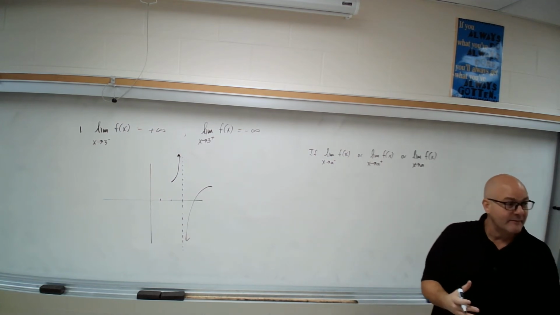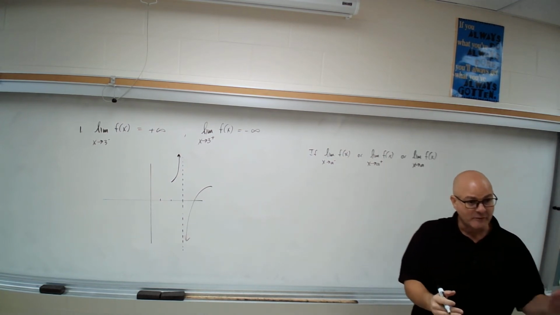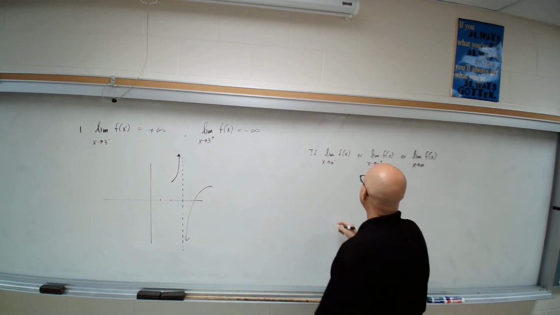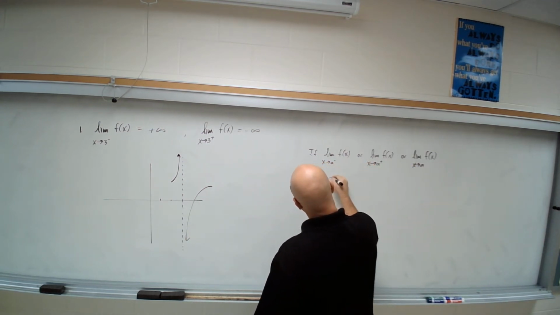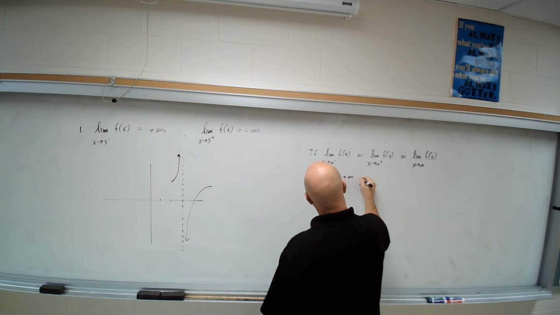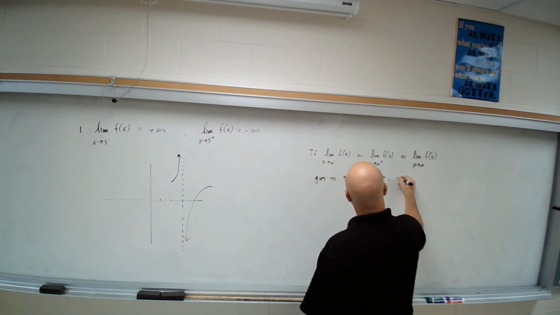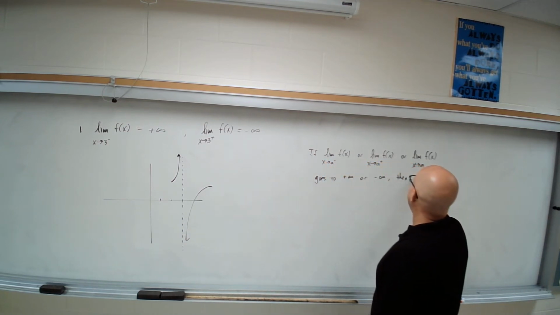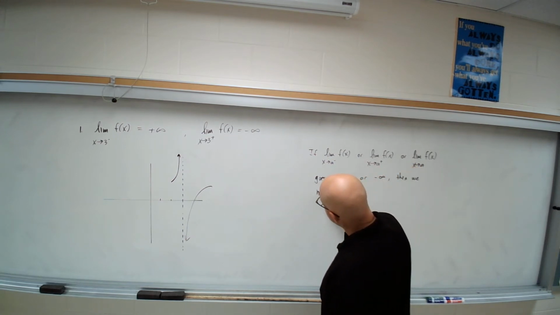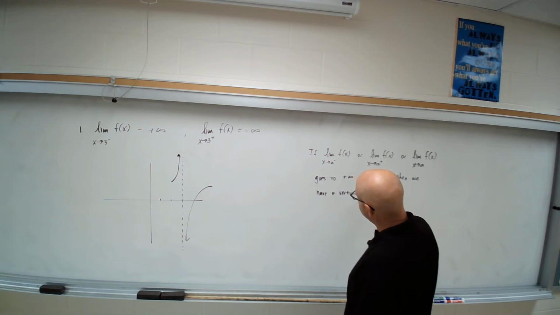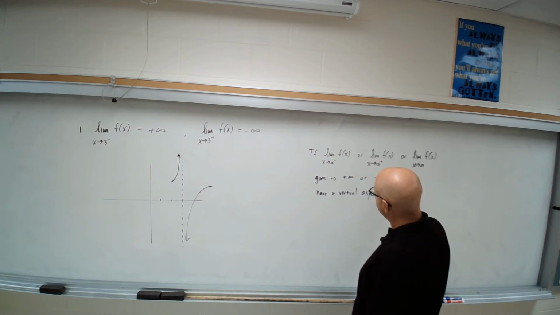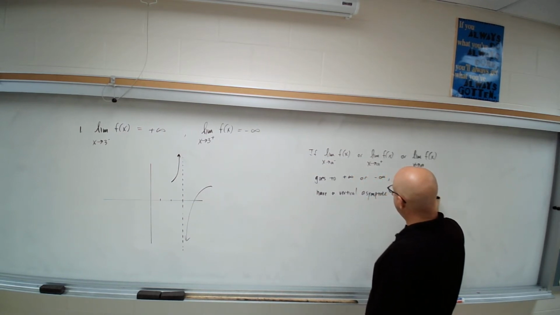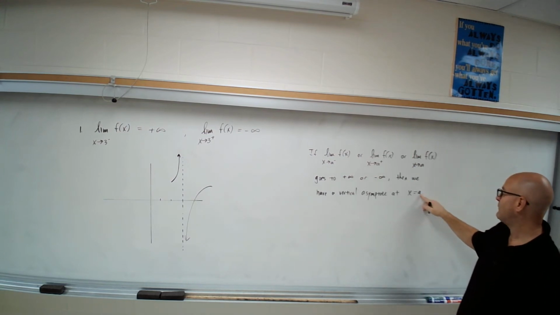Any of them, any limit as we approach a from the left, from the right, from both sides, goes to a positive infinity or negative infinity, then we have a vertical asymptote at x equals a, right? Whatever that limit was going to.